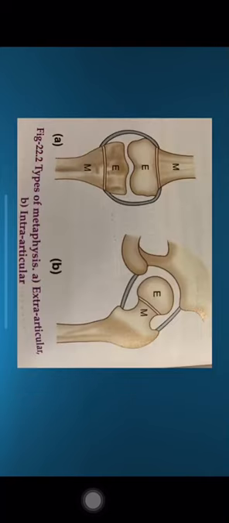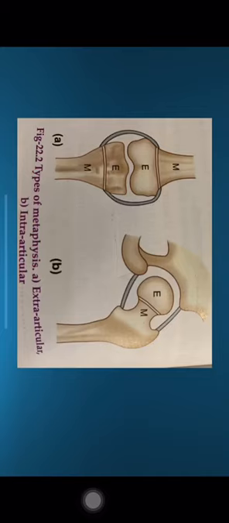Okay, this diagram A shows the femorotibial joint, showing the metaphysis and epiphysis of tibia and femur. From the growth plate, there is a cartilage attaching to either side of the growth plate.